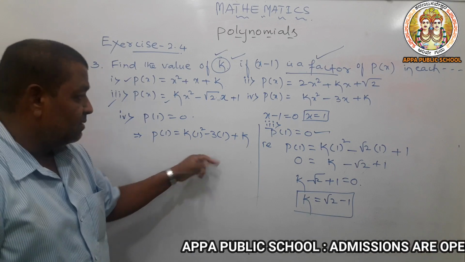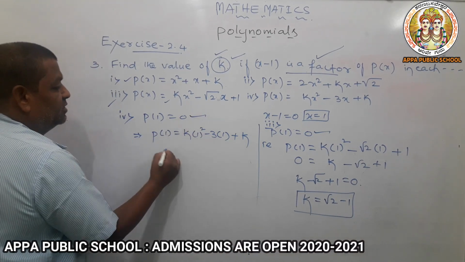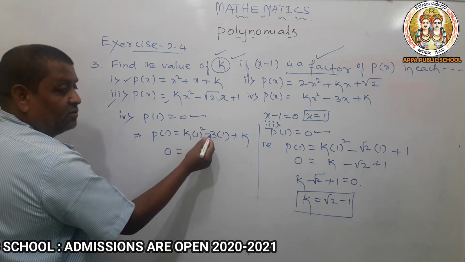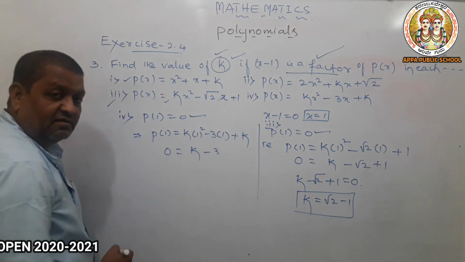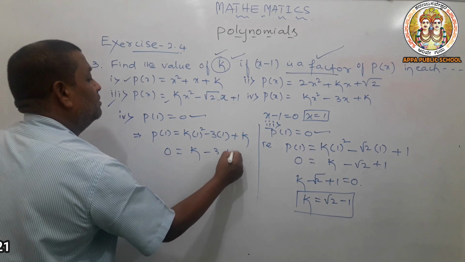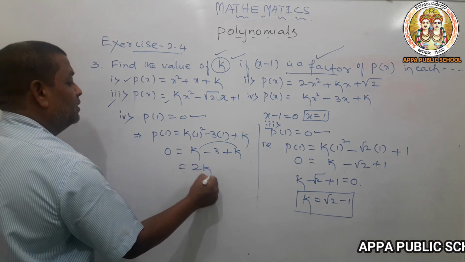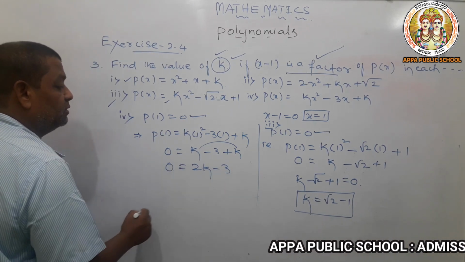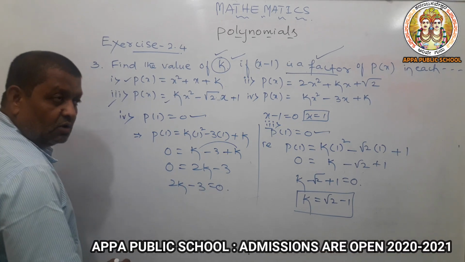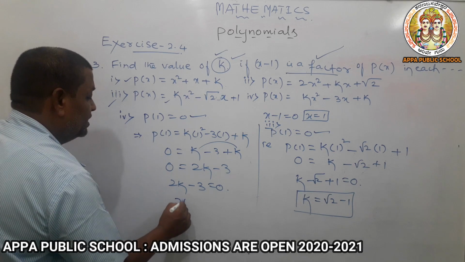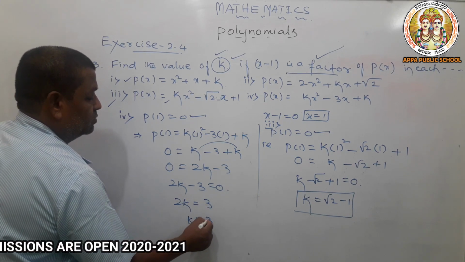Why did I take this sum? Because of 2k. P of 1 is already 0, 1 square is 1, k, 3 into 1 is 3, minus 3, plus k. Here k plus k is 2k, minus 3 is equal to 0. So write 2k minus 3 is equal to 0. I want only k, then 2k is equal to 3, so k is equal to 3 by 2.